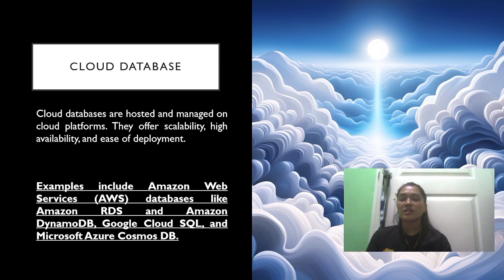Examples of this include Amazon Web Services databases like Amazon RDS and Amazon DynamoDB, Google Cloud SQL, and Microsoft Azure Cosmos DB. A cloud database is employed, delivered, and accessed in a cloud.